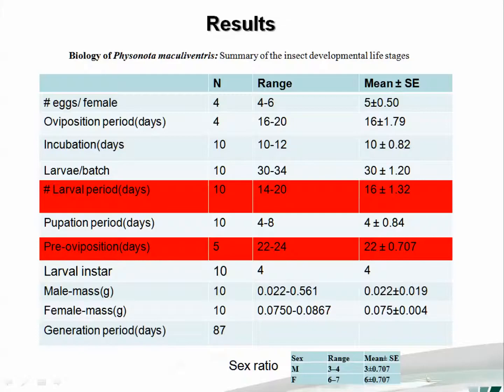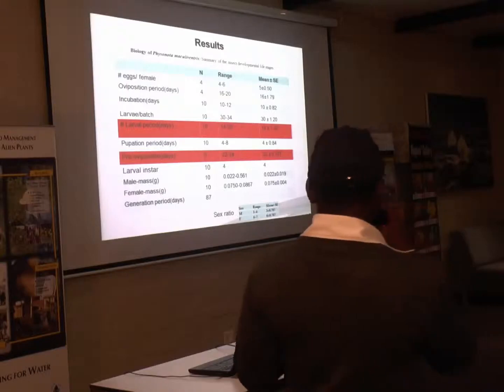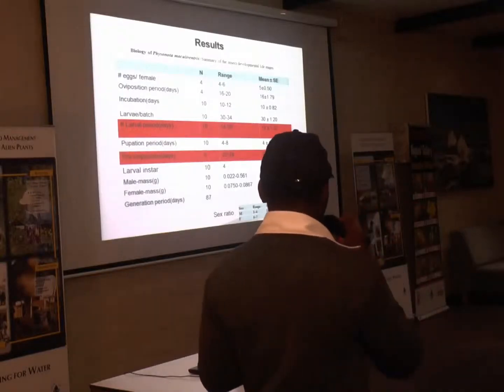I also determined the sex ratio, the number of females compared to the males in one egg batch, and it showed that one egg batch carries more females than males, which are highly damaging.